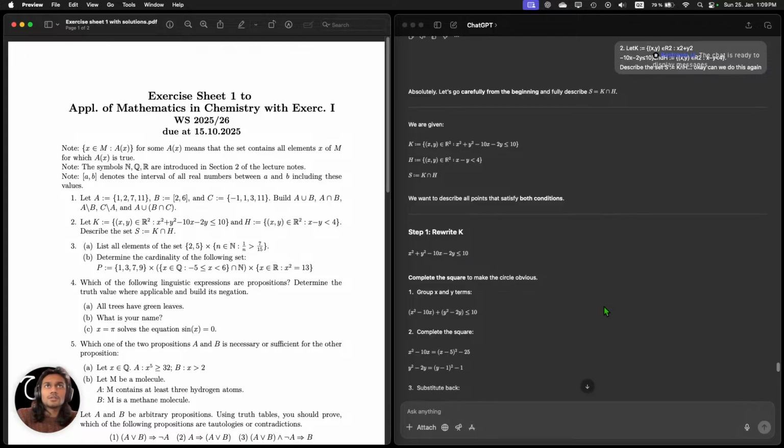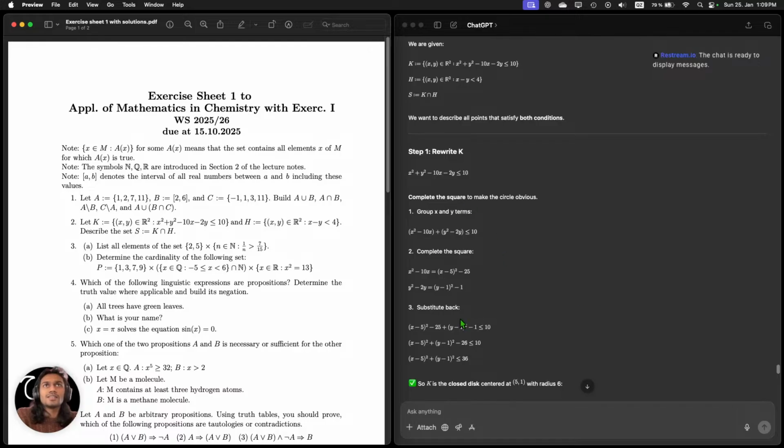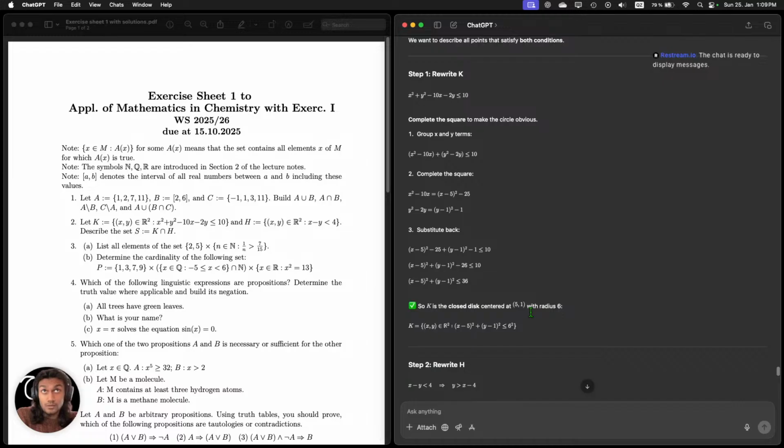So we rewrite this in a way that we get the x coordinate to the center and the y coordinate to the center, okay.